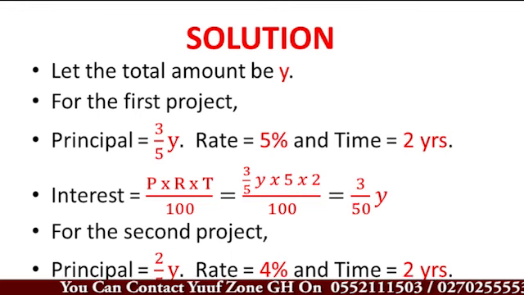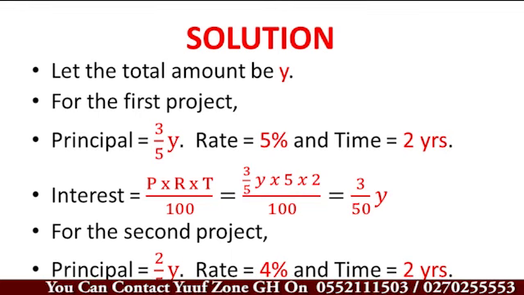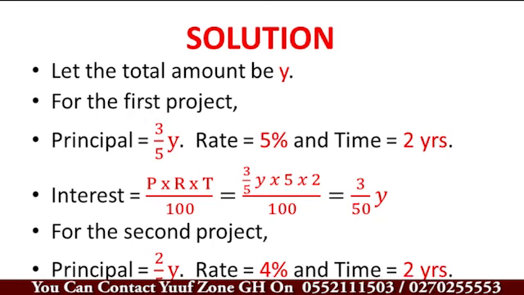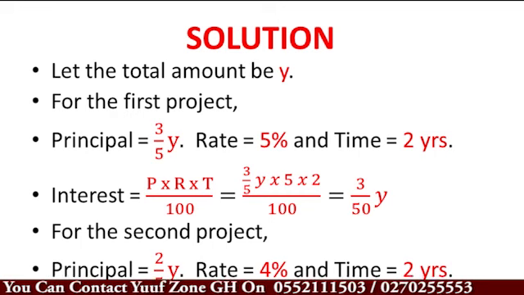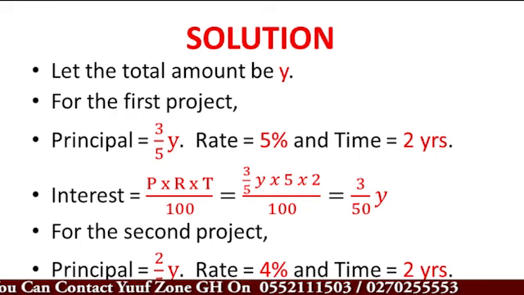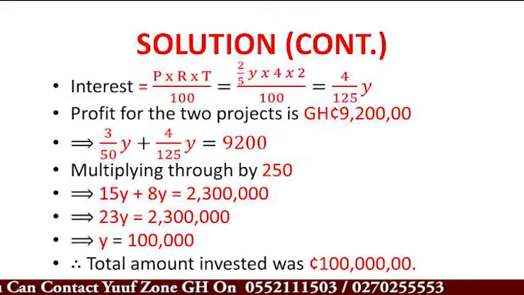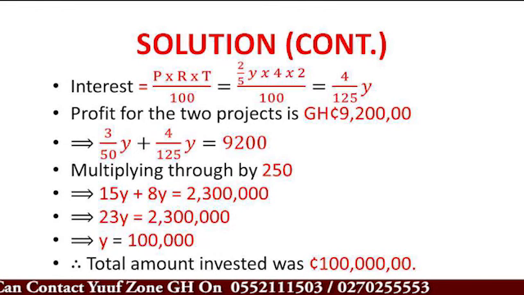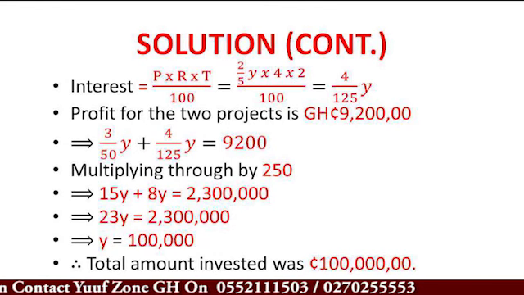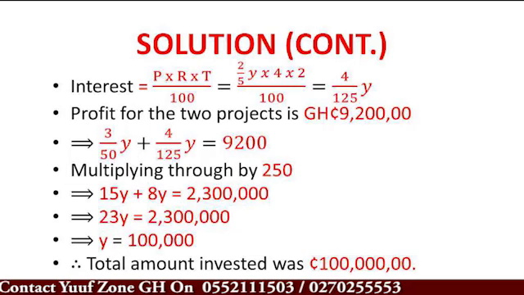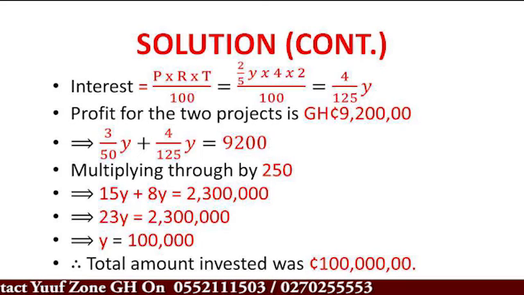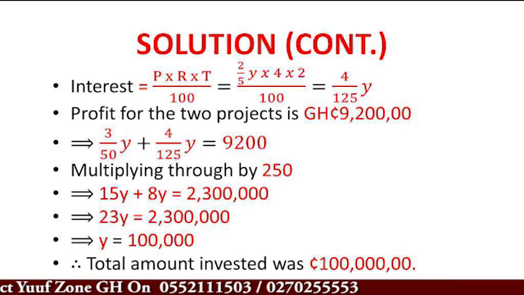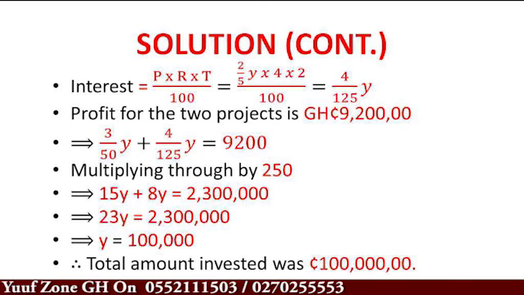So when we come to project 2, we have the principal to be 2 over 5y. I hope you understand that. And then we have the rate to be 4%, and the time is 2 years. Let's continue. We have the interest to be principal times rate times time over 100. So we know our principal, which is 2 over 5y, our rate to be 4, and our time to be 2, all over 100.